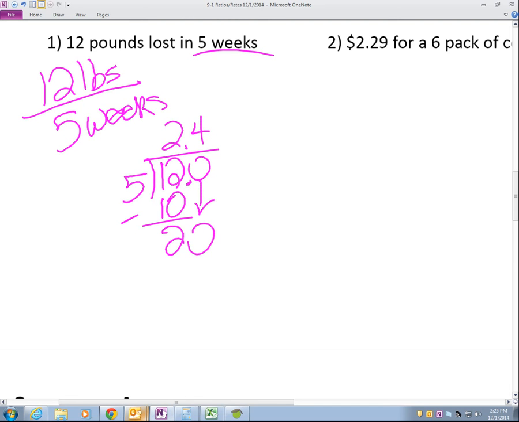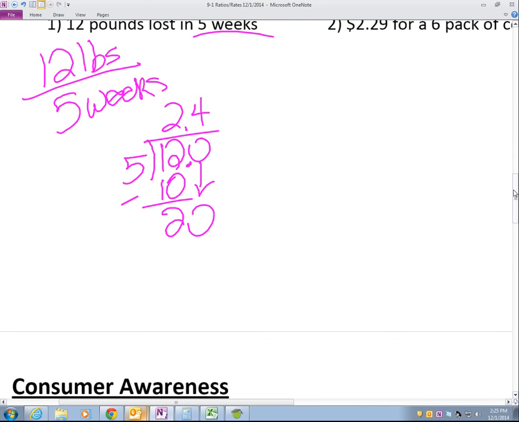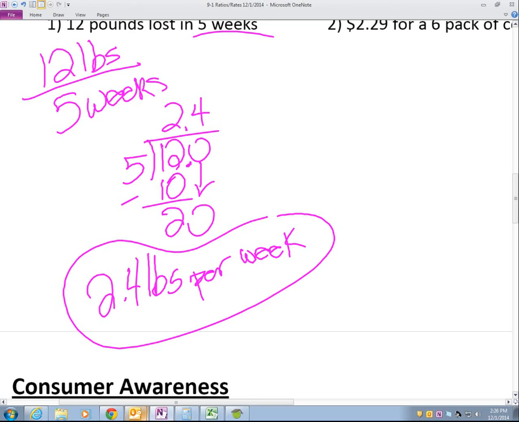And since it's a unit rate, I can just say 2.4 pounds per week. Sorry, people reading my handwriting. I'm writing below my elbow. 2.4 pounds per week.